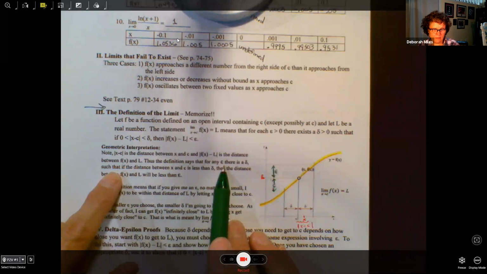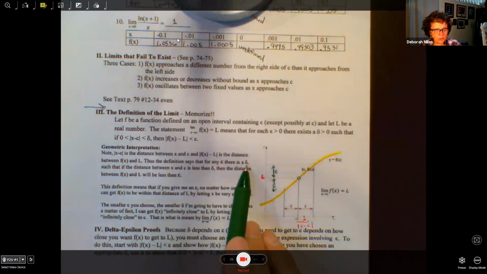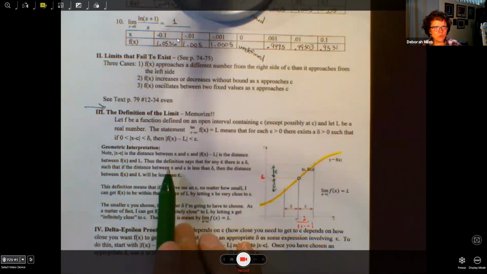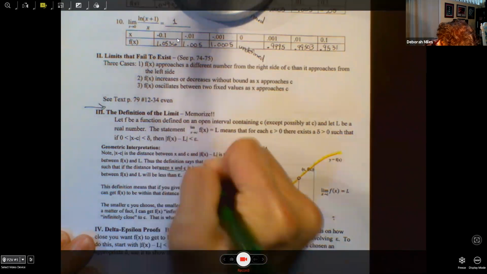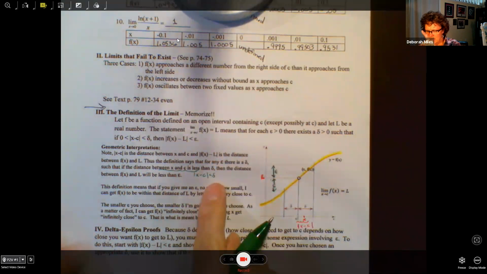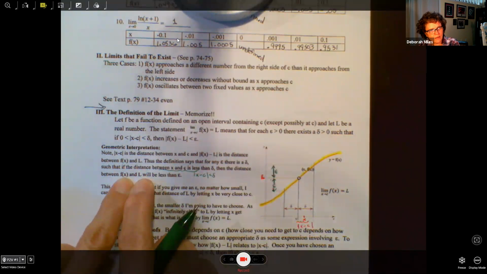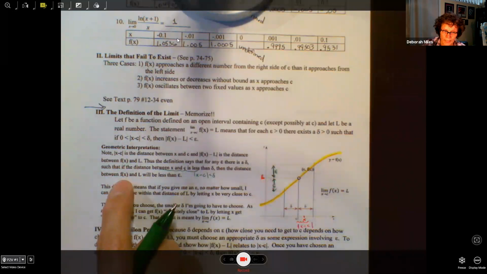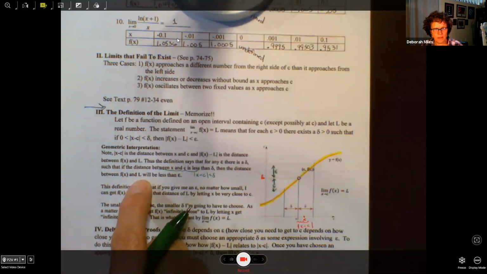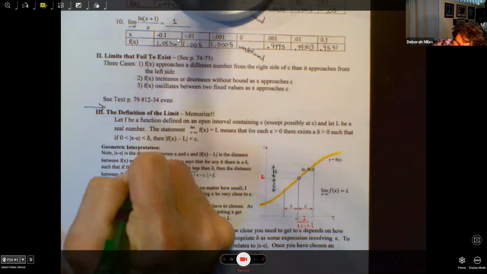For any epsilon in the whole wide world, no matter how small you make the target, there is a delta such that if the distance between x and c, that's the absolute value of x minus c, is less than delta, then the distance between the function value and the target, that would be like the point and bullseye in the other example, will be less than epsilon.